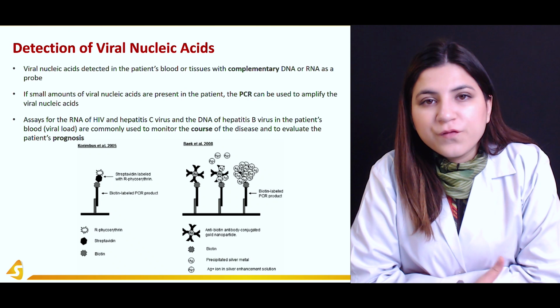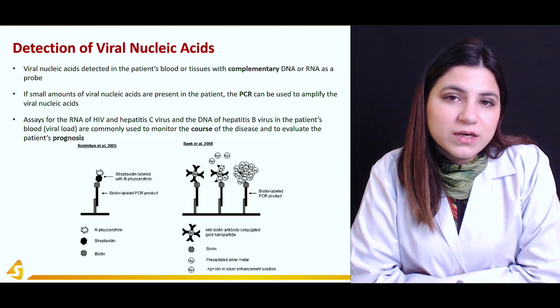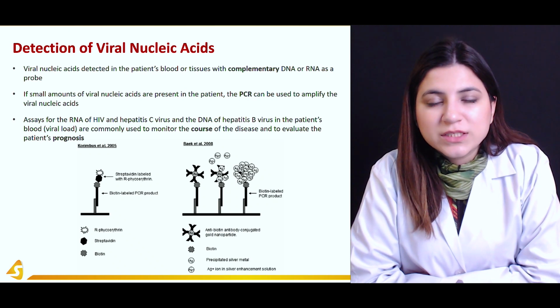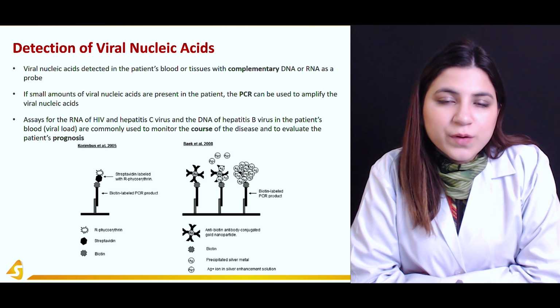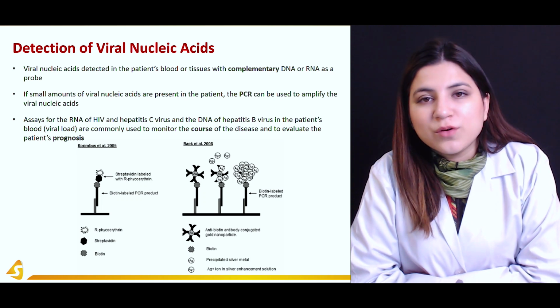If the virus can be present, but the viral nucleic acid titer is so low that you cannot actually identify it, then what we can do is we can take the patient sample and we can use PCR to amplify the viral nucleic acid.